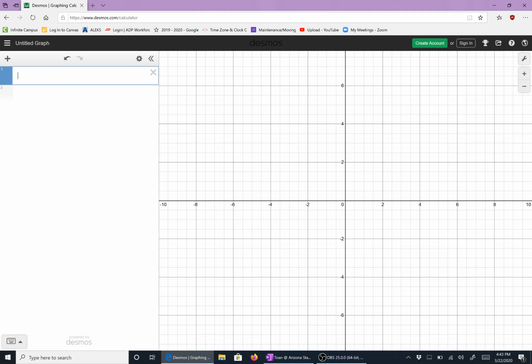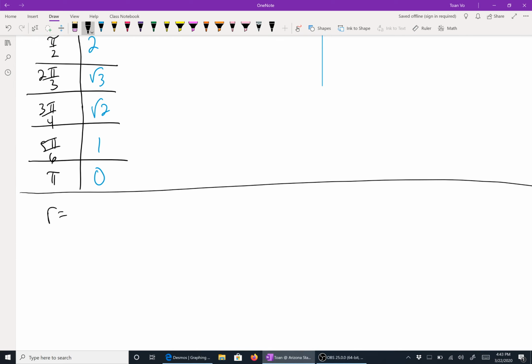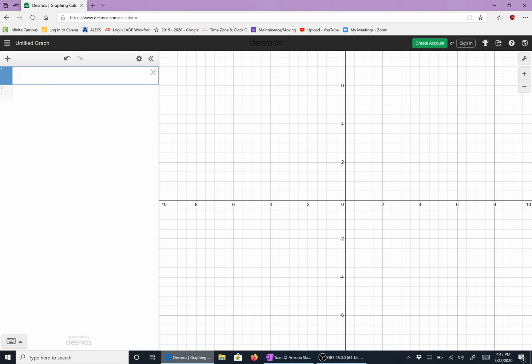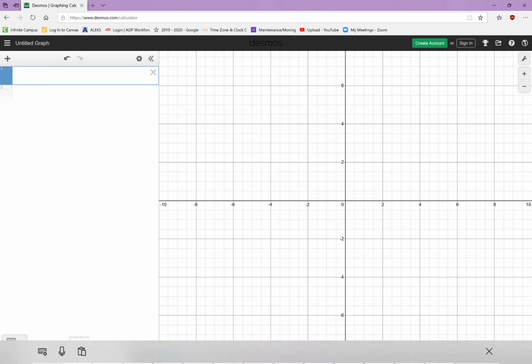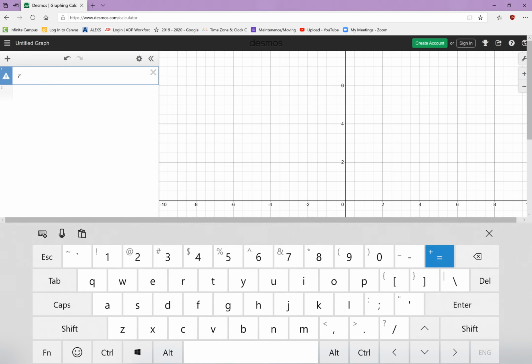So for example, suppose I wanted to graph 2 plus 2 cosine of theta. That's exactly what I'm going to type in. So in any technology, a graphing calculator or Desmos, type it as you see it. I want to type r equals 2 plus 2 cosine, and I need to put theta.